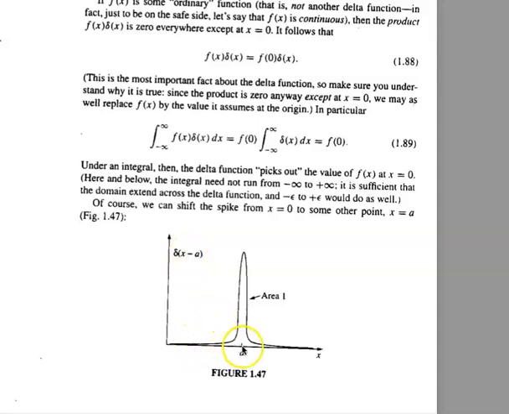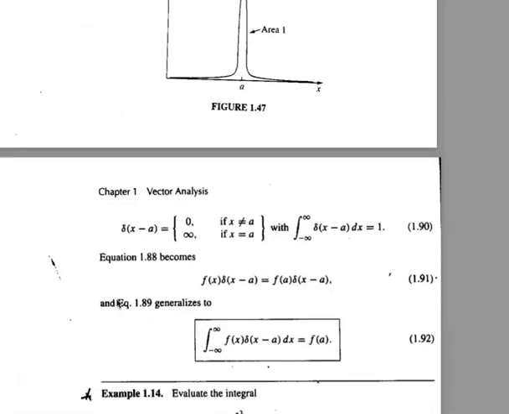So it's only at x equals a that suddenly it's a hugely large function, infinite as we say. And the integral then will have some finite value if a is within the range of integration. Let me go there and show that to you.